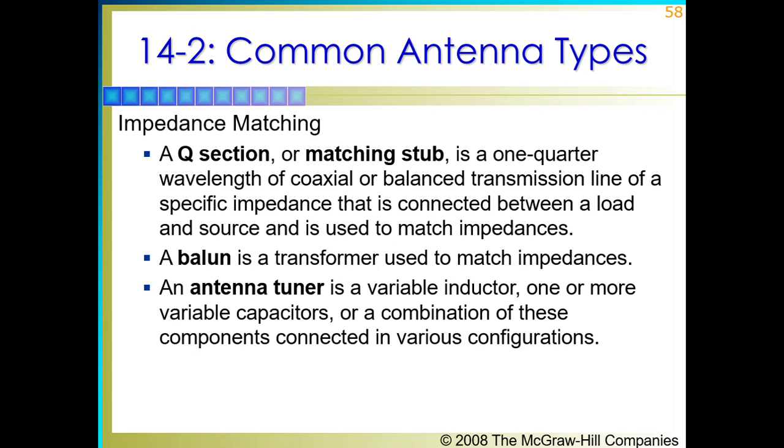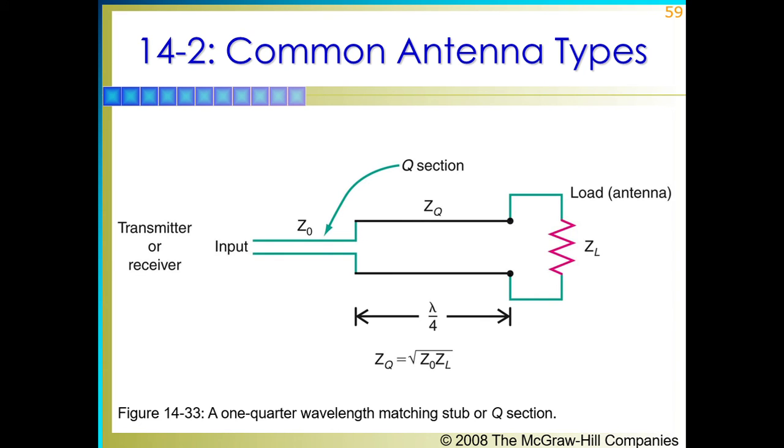A balun is a transformer used to match impedances. An antenna tuner is a variable inductor, one or more variable capacitors, or a combination of these components connected in various configurations. This figure shows a 1/4 wavelength matching stub or Q section.